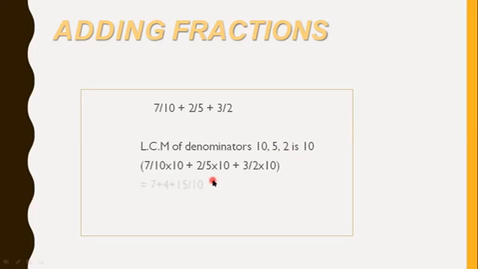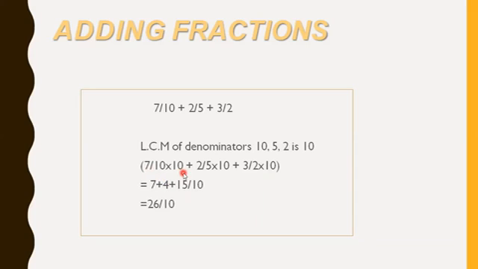Now you should make the denominators equal. How will you make them equal? You should multiply each fraction with the LCM: 7 by 10 into 10 plus 2 by 5 into 10 plus 3 by 2 into 10. This means you will get equal denominators.